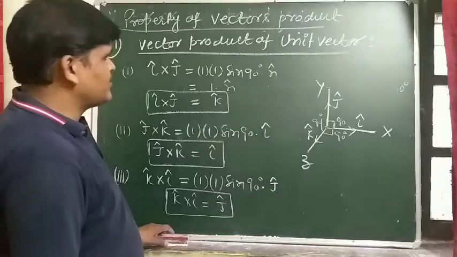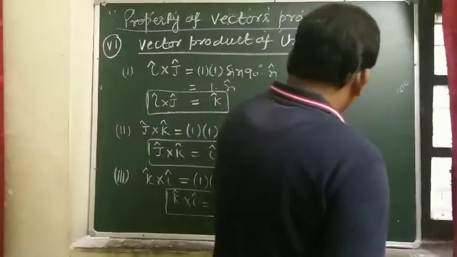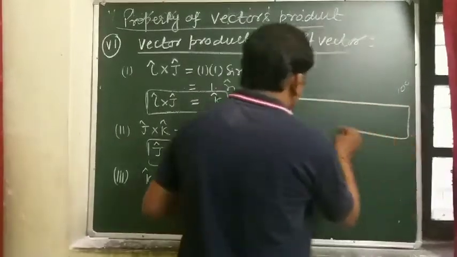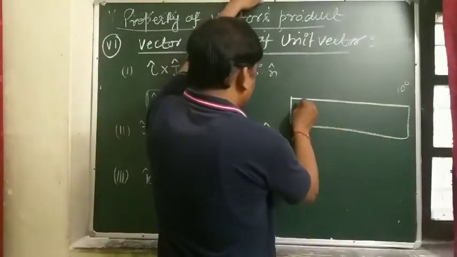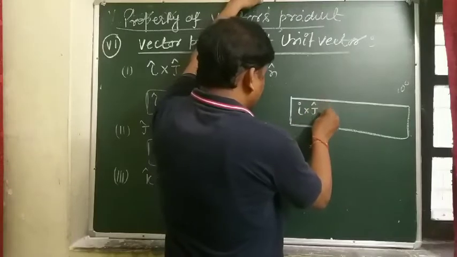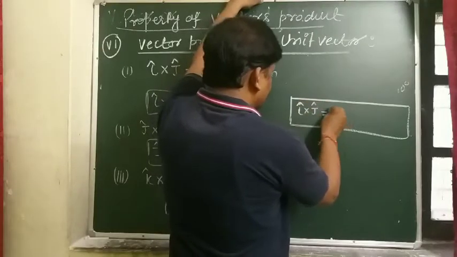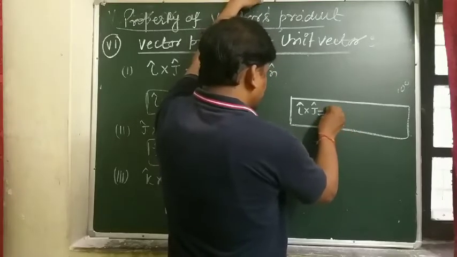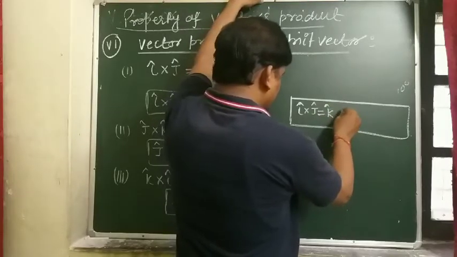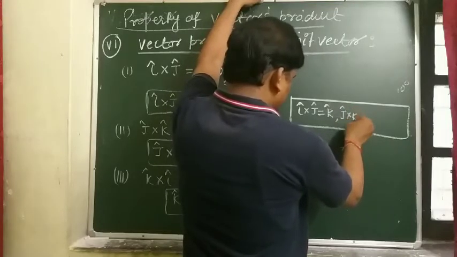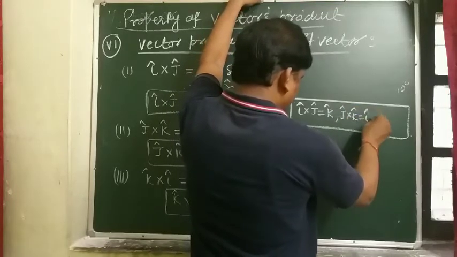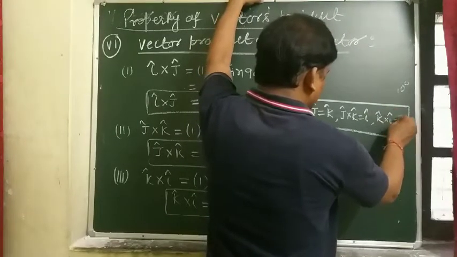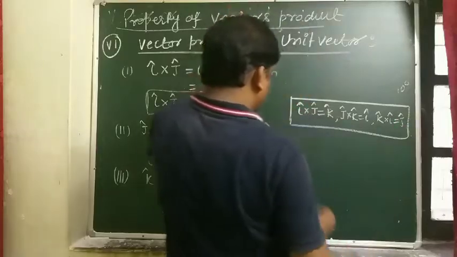And student, it can be written in a summarized way: i cross j is k, j cross k is i, and k cross i is j.